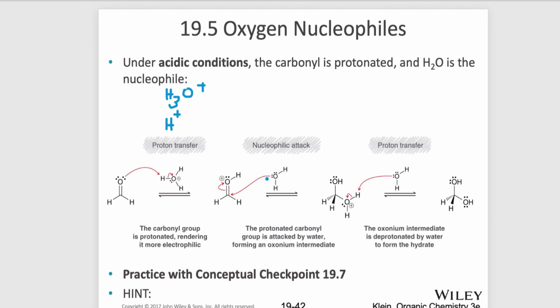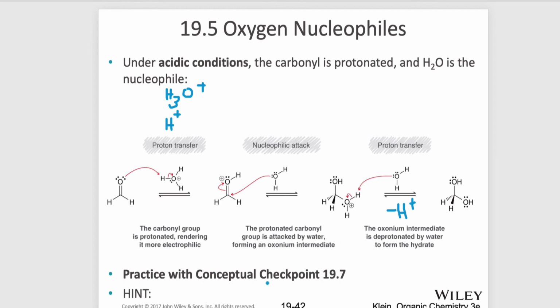One of the electron pairs was used to make a new single bond, which is shown over here. And just a simple proton transfer reaction, meaning that this is a net proton loss by adding H2O and then getting rid of H3O plus, and here we get the hydrate.